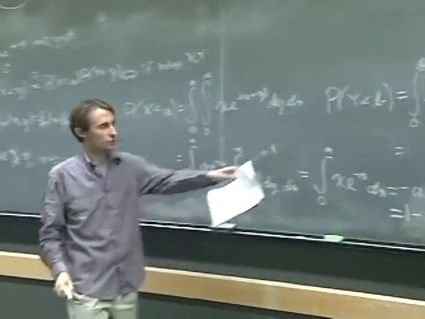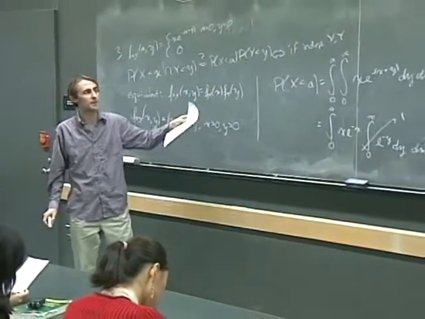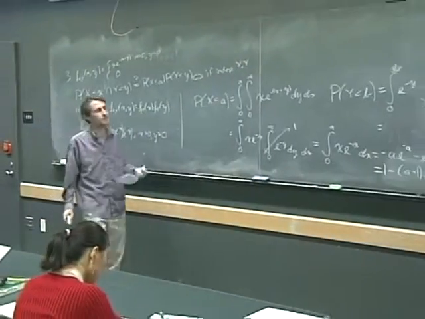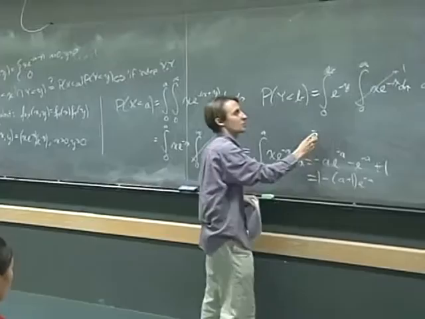Okay, and now you should have already computed the inner integral, but it turns out to be just 1, too. If you plug in infinity and 0, you'll see that it's just 1.